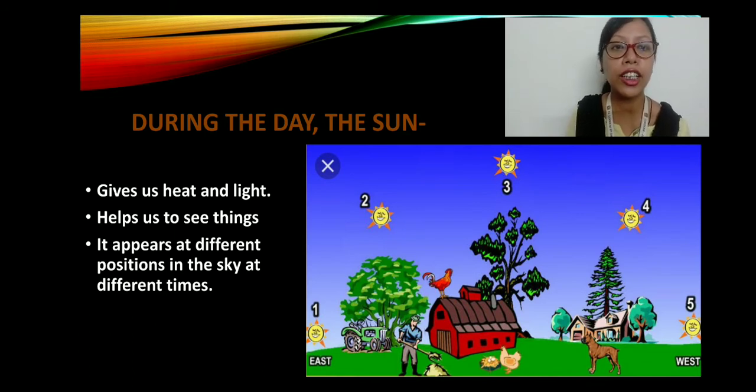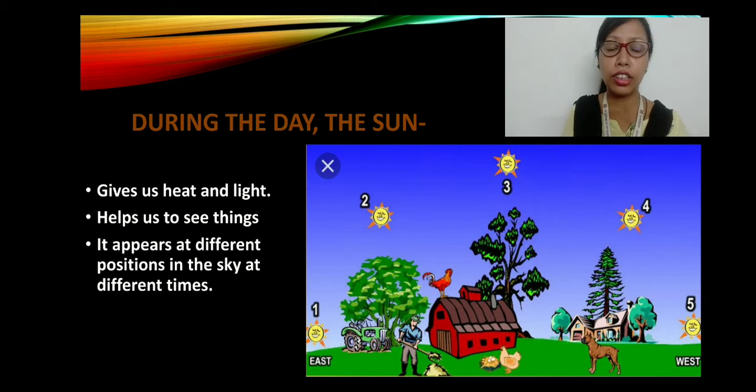In the morning, you will see that the sun is at a different position, okay? And then look at it at around 10 a.m. or 11 a.m. Then you will find out that the sun is again at a different position. Then in the afternoon, like around 12:30 or 1, you will find that the sun has changed its position.